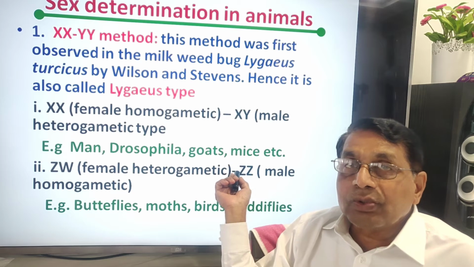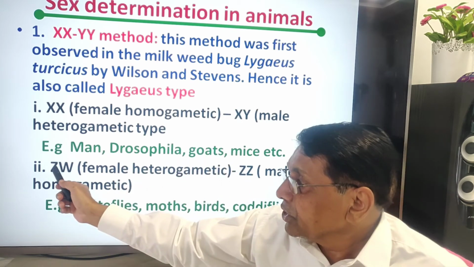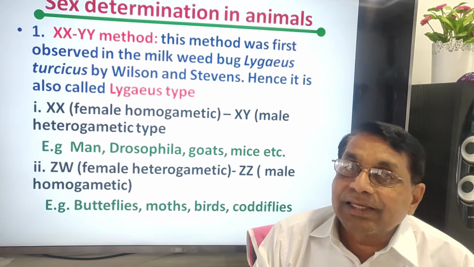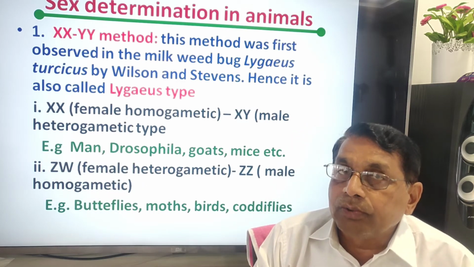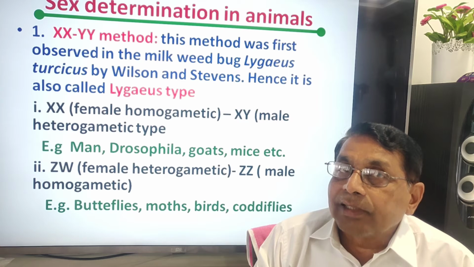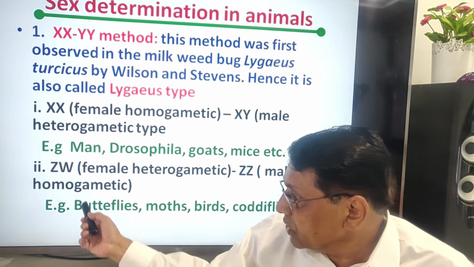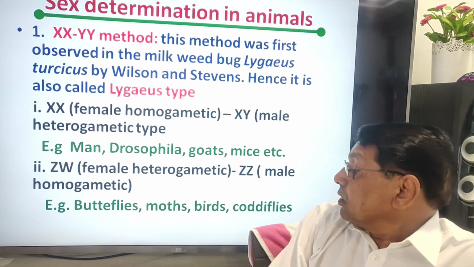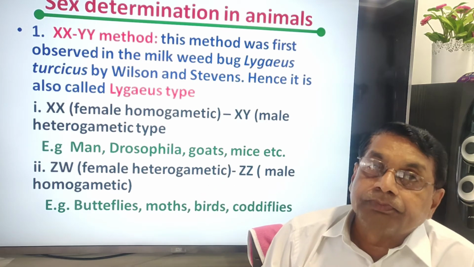The Z chromosome is shared by both male and female, but the female has a different chromosome, W, that determines the femaleness. This situation is found in butterflies, moths, birds, caddisflies.